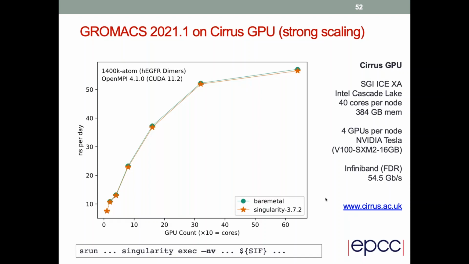I should say that each run is running on a fully populated node. For a GPU node, I have 40 CPUs and 4 GPUs. And when I'm running on 64 GPUs, that means I'm using 16 GPU nodes.